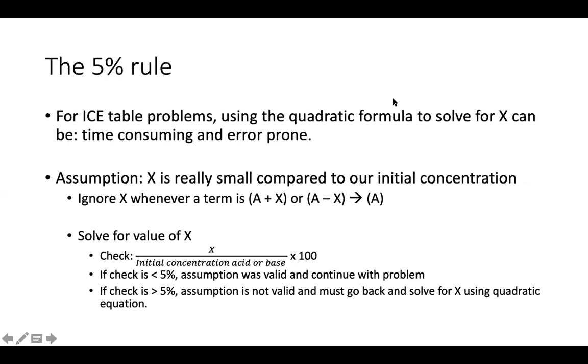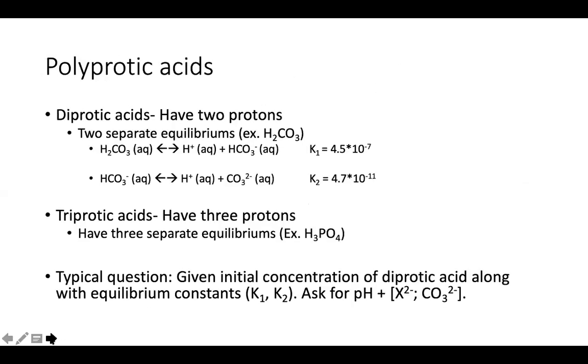Somebody asked if it's not a strong acid, do we assume it's a weak acid? Yes. If you can tell that a compound is an acid, and it's not one of those 6 strong acids, automatically assume it's a weak acid.